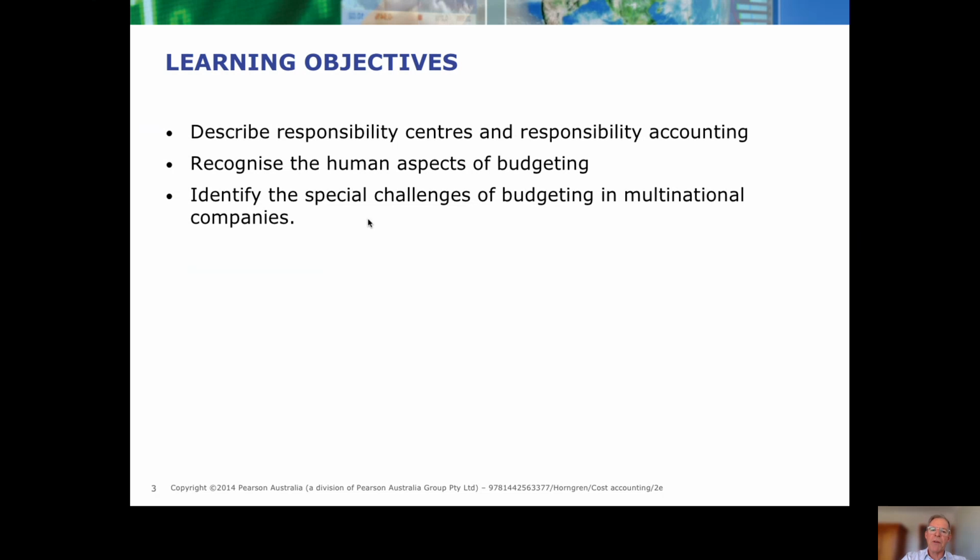We'll also talk about the human aspects of budgeting. We have a whole lot of managers in our production facilities or service centres who are responsible for that particular division, and they've got a budget, and their aim is to, as best they can, achieve the goals set out in that budget. So there's a whole lot of communication happening in the budgeting process.